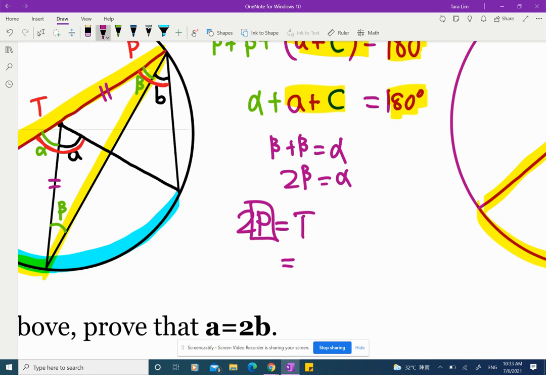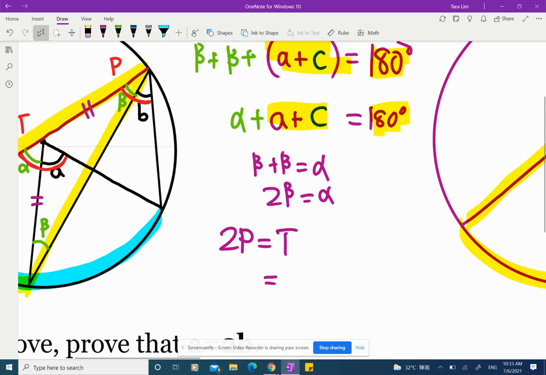So I must include A and B inside. So if we try to make this bigger, that means 2 times, what is P? P is beta plus B. Why is that?